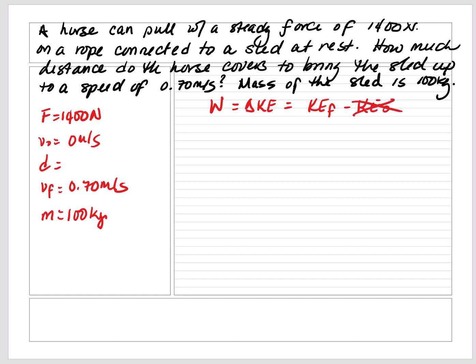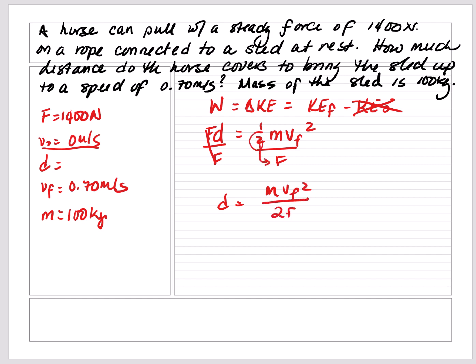My initial cancels out because my V initial is 0. I'm going to plug in force times distance equals 1/2 mass velocity final squared. Divide both sides by F to isolate D. So D becomes m v final squared over, I'm going to bring the 2 down here, so 2F.